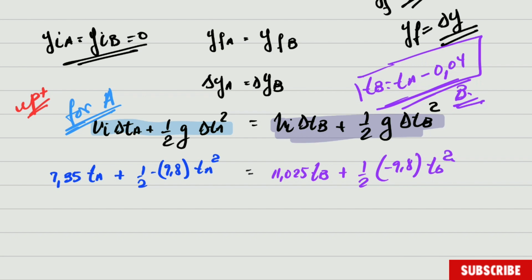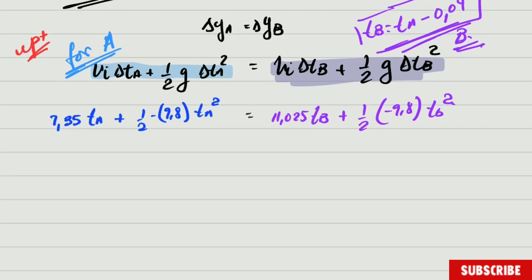We are going to be substituting even more. So if we move on, we have 7.35 TA, let's solve this side quickly, minus 4.9 TA squared. All I did was divide 9.8 by 2. And this one is equal to 11.025 TB.